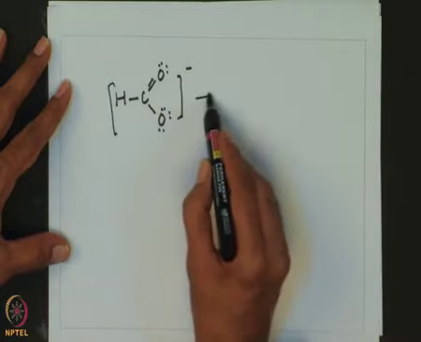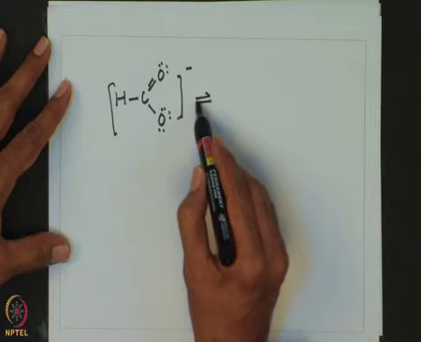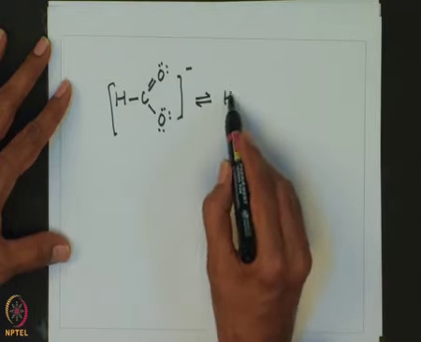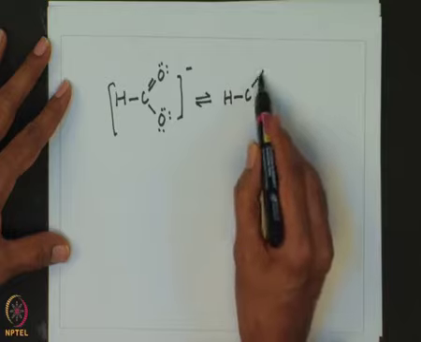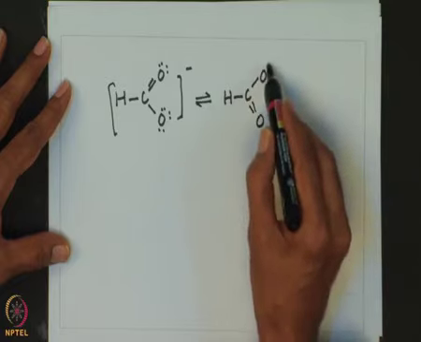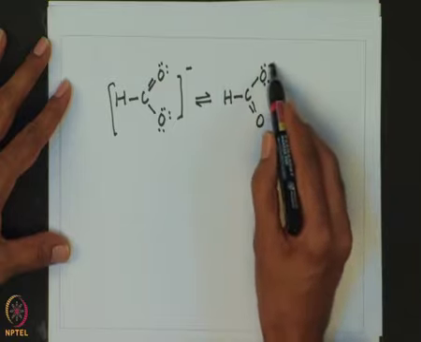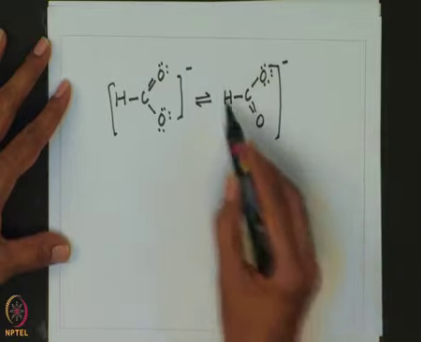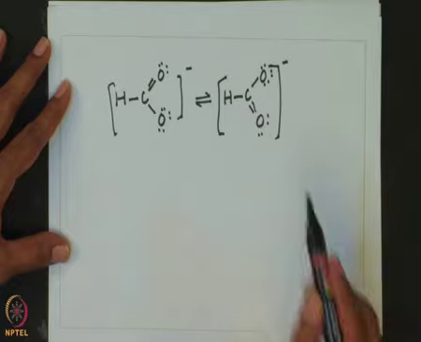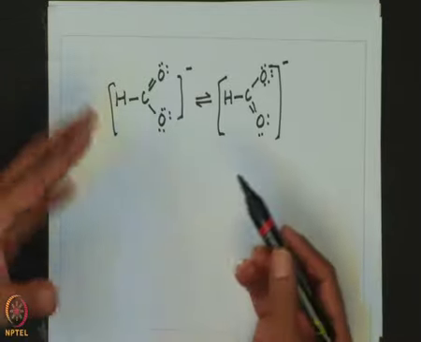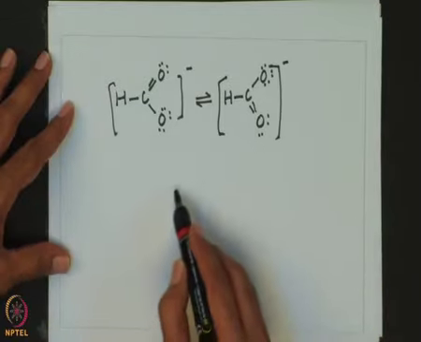One can write like this, or we can just simply exchange the double bonds. So, this is how it looks like, and the overall structure can also be written in this fashion.